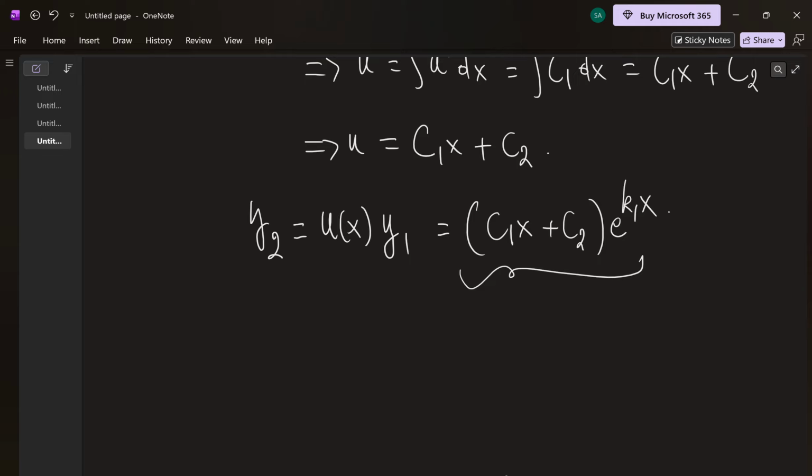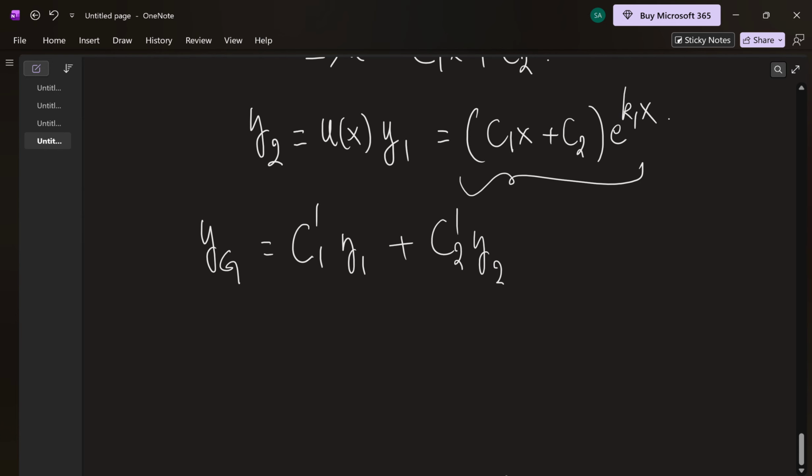Why? Because y is, for example, name this C1 prime times y1 plus C2 prime times y2, and if you substitute you will get something like this.